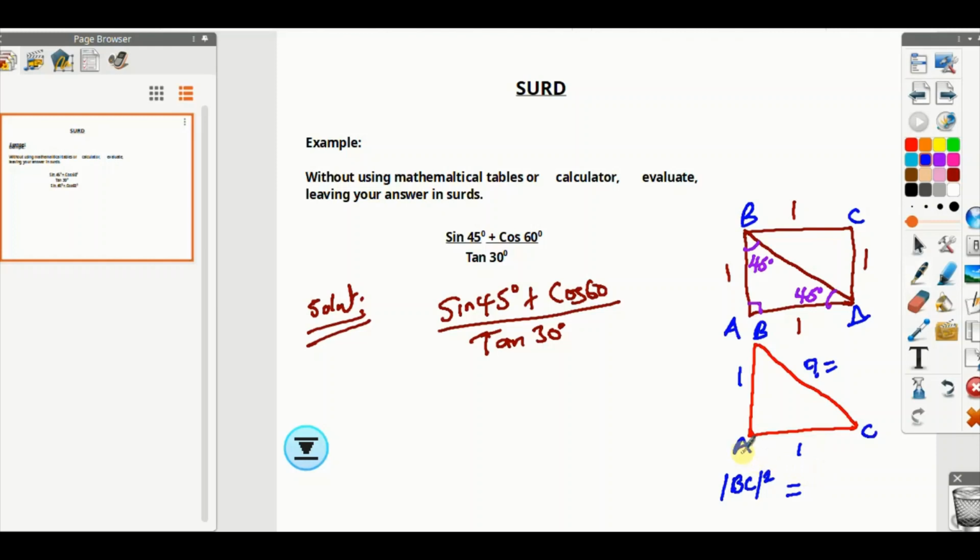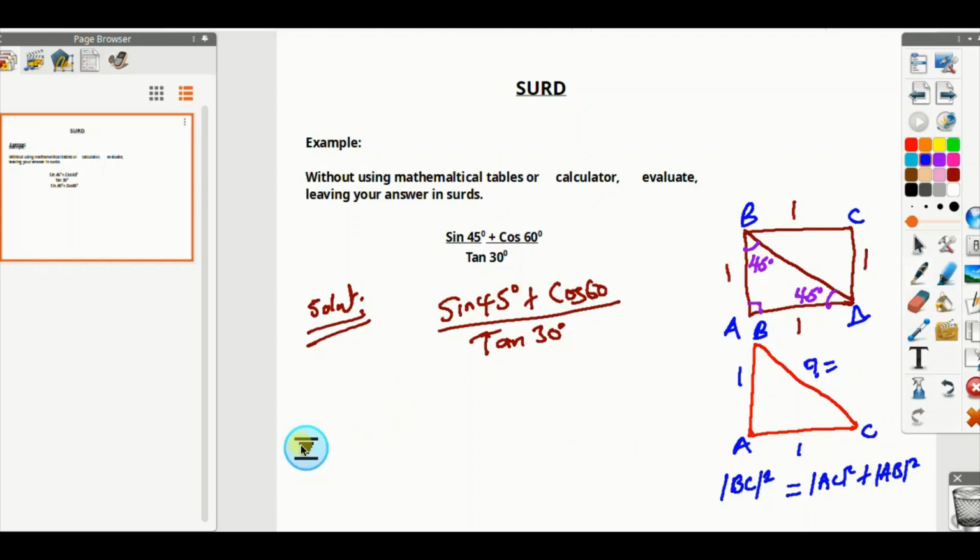We have line AC square plus line AB square. Right.